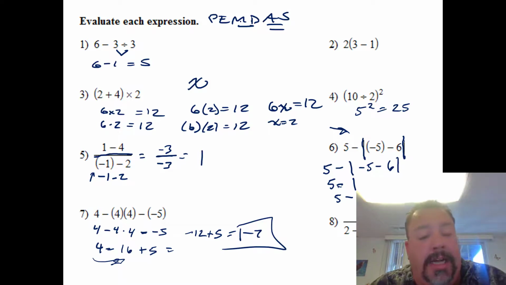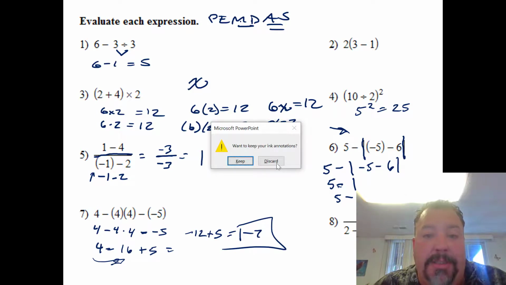I want to show you the websites that we're going to be using, Desmos, and make sure that you see these operations on there. So give me a moment to change over.